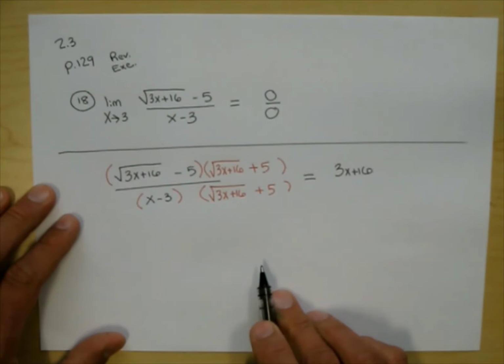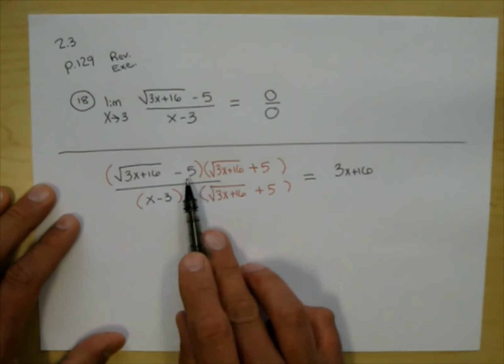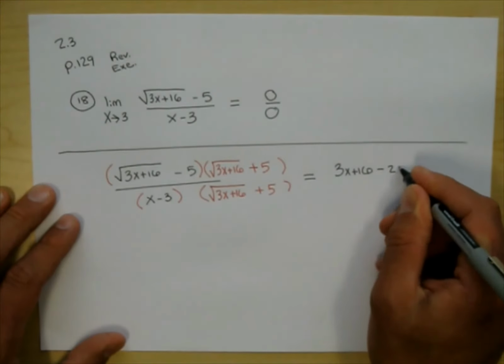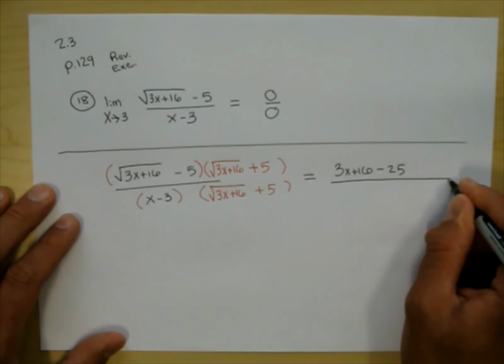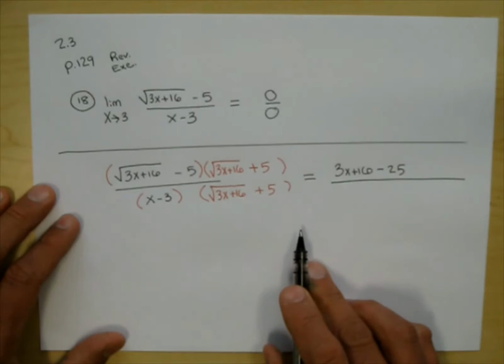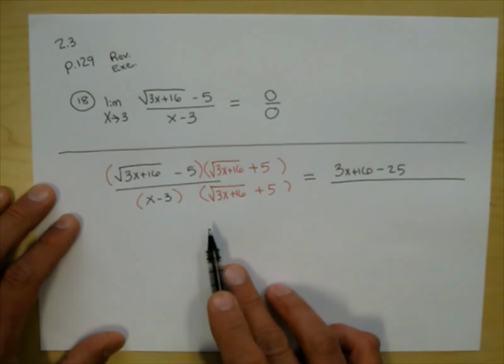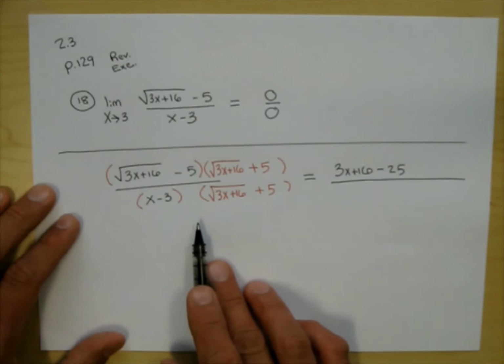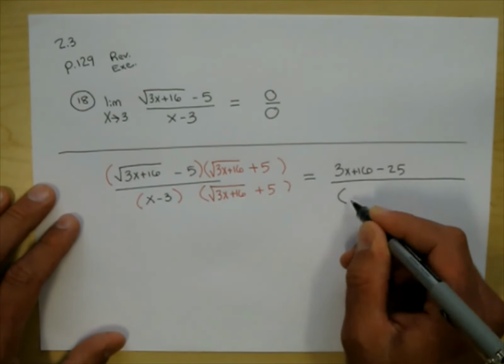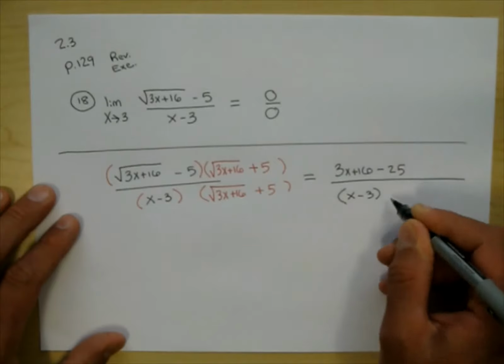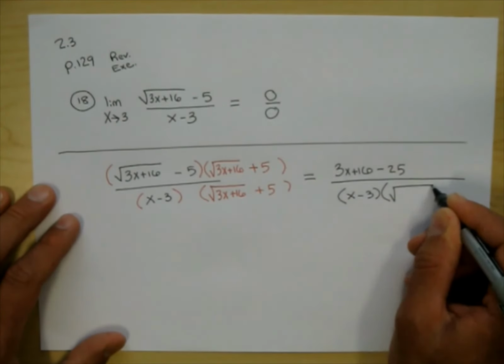The inside and the outside will go away, and then you'll have a minus 25. That's called rationalizing the numerator. Meanwhile, on the bottom, yes, we could FOIL that out, but it's going to make a mess. So let's not FOIL it out and just write it like this. X minus 3 times this mess right here.